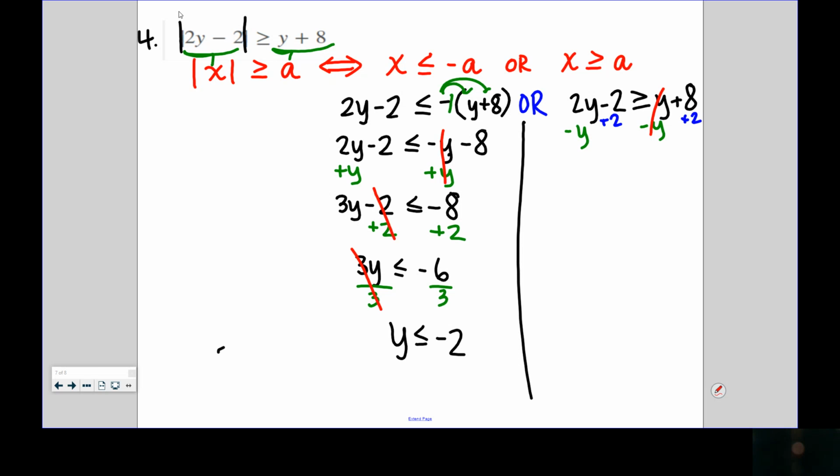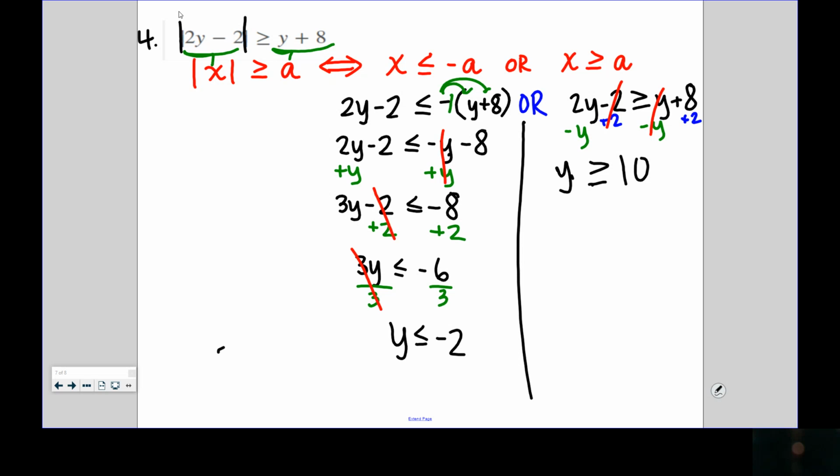All right, so that cancels over here. So what's 2y minus y? y greater than or equal to 8 plus 2 is 10. And that's it. There's no coefficient on y. We don't need to divide anything. So first part's done. We have our answer.